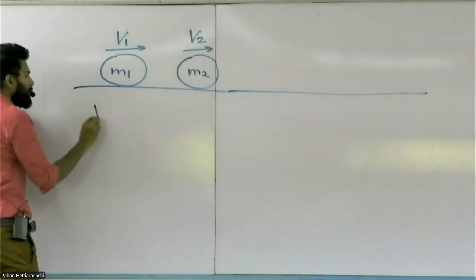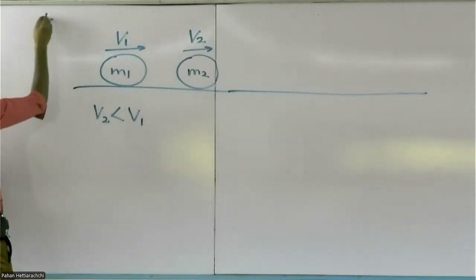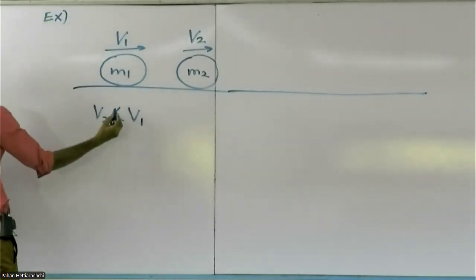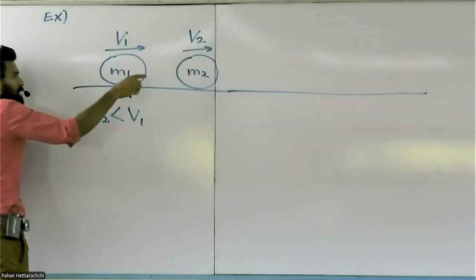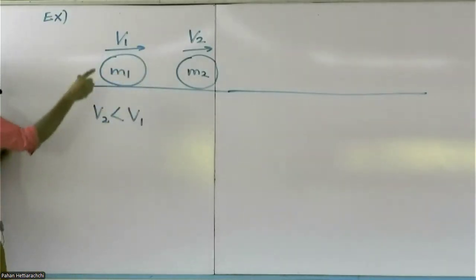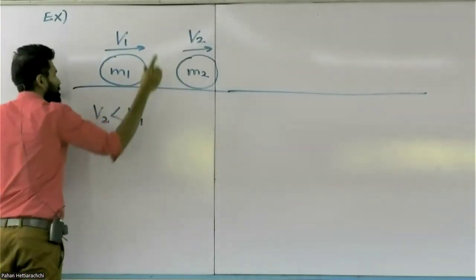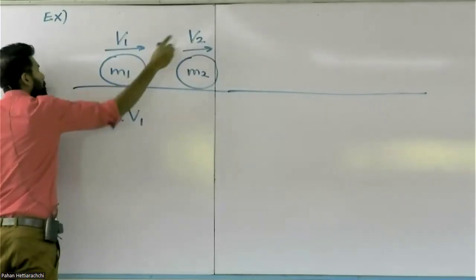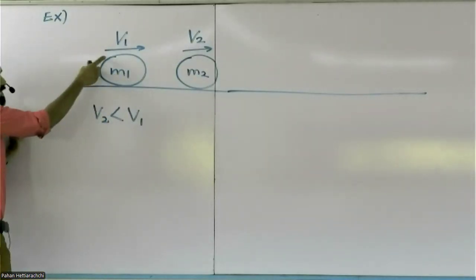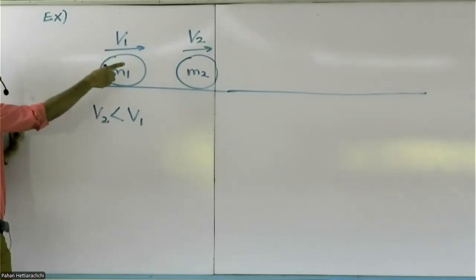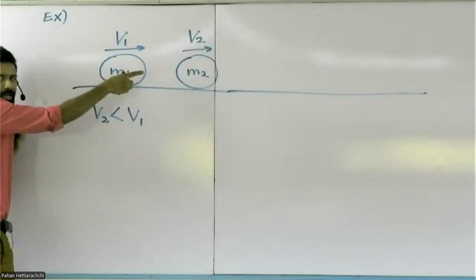And if v2 is smaller than v1, can you tell me what's going to happen next? As v1 is high and v2 is less, after a certain time, this m1 will hit the m2.